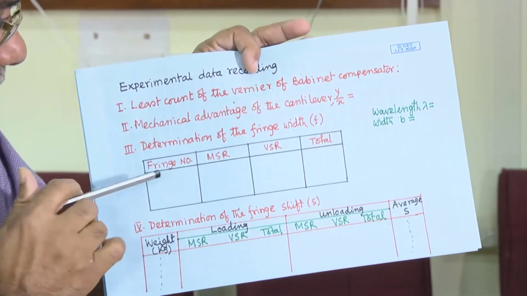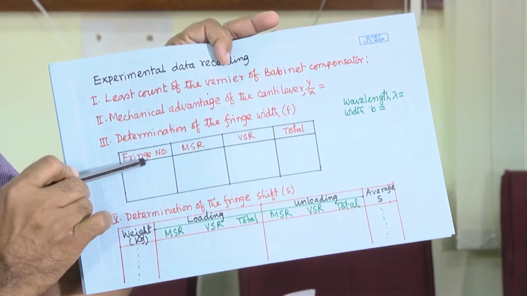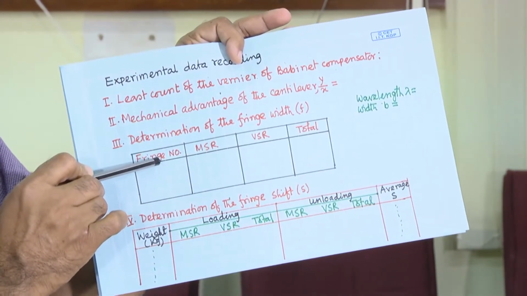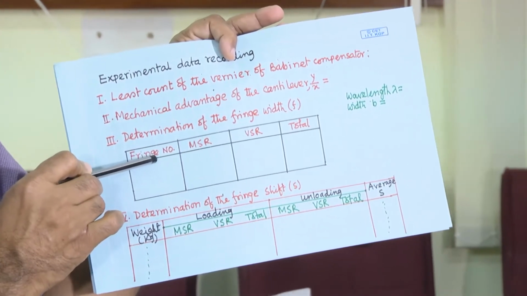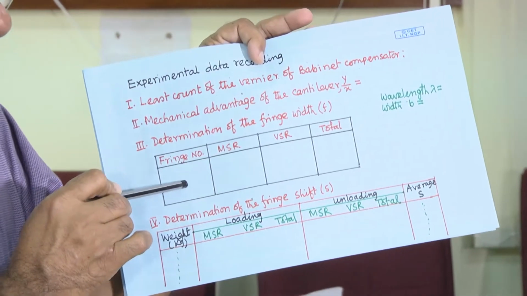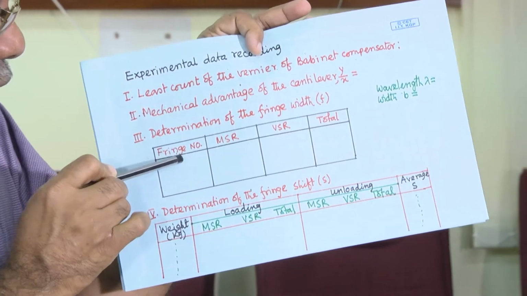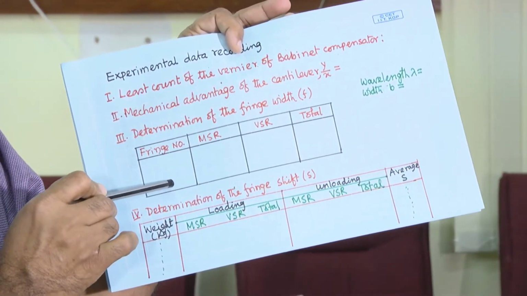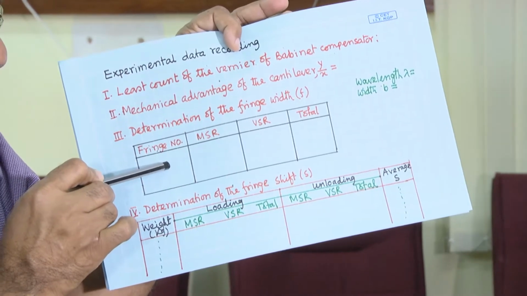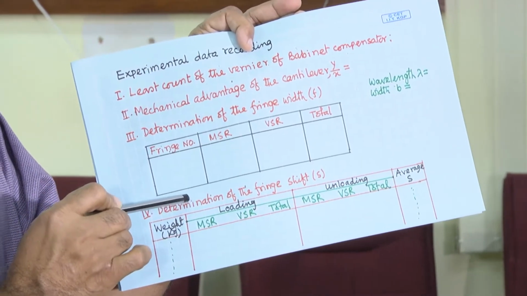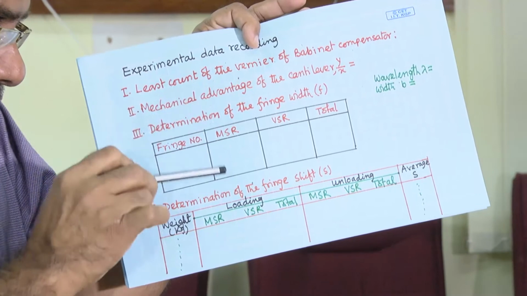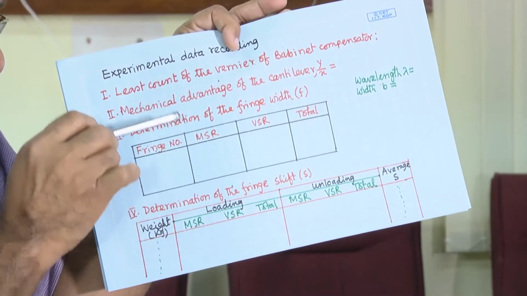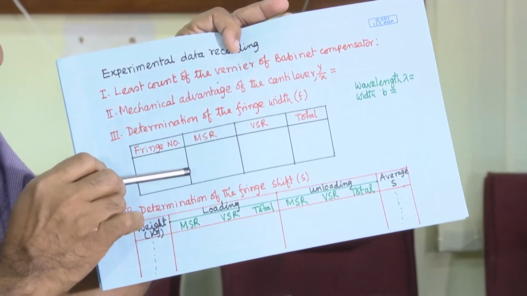Now for the calculation: since the fringe width is very small, and you have 8 fringes, you take the difference between 1 and 5, then 2 and 6, then 3 and 7, then 4 and 8. In between, how many fringes are there?